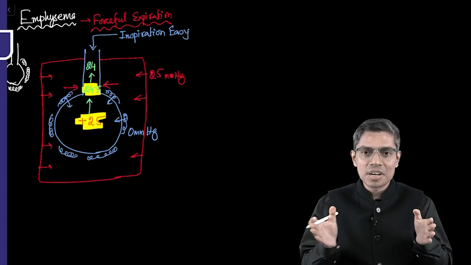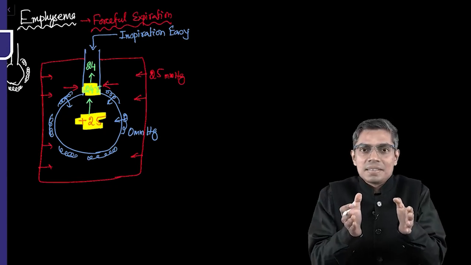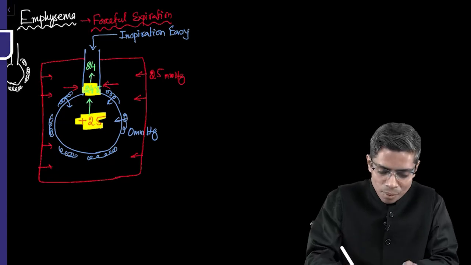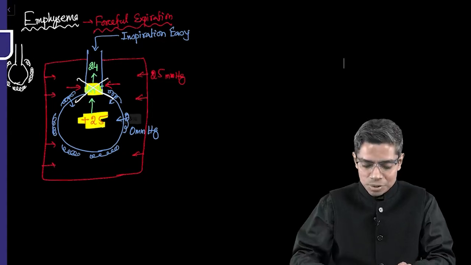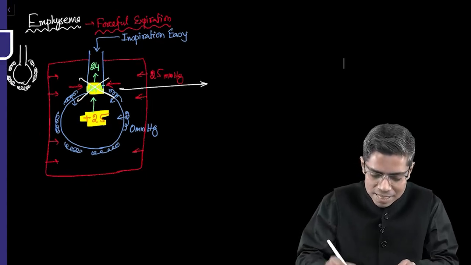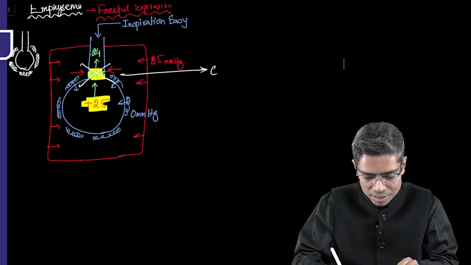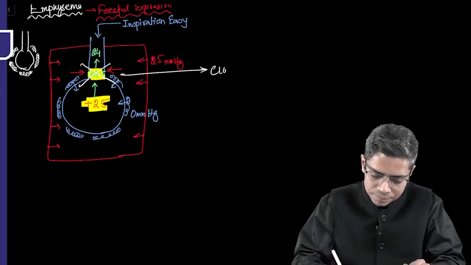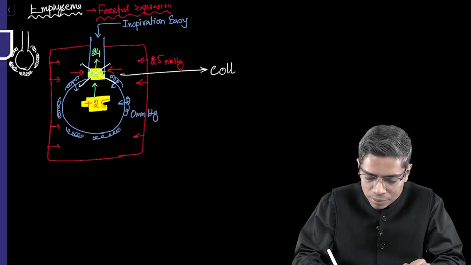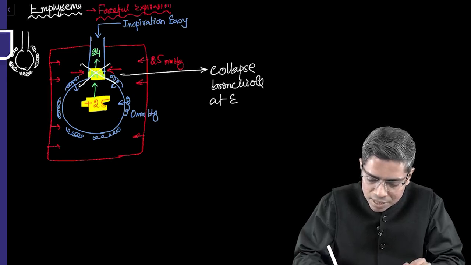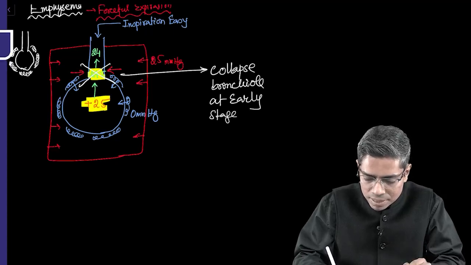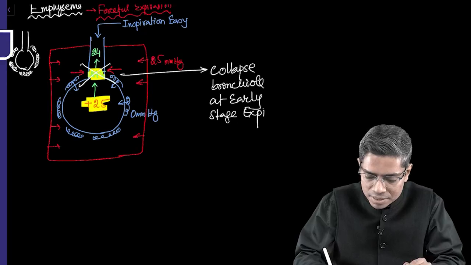Whenever the person tries to expire, immediately the bronchioles are going to get closed. So that's why we say that in an emphysema patient, there will be collapse of bronchioles at an early stage of expiration, early stage of expiration.